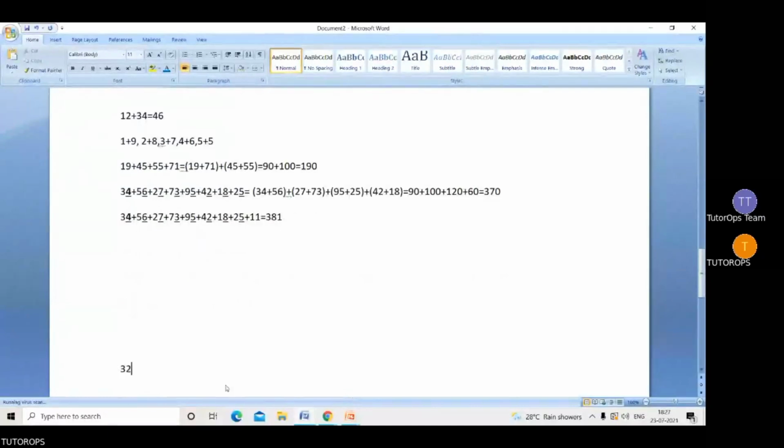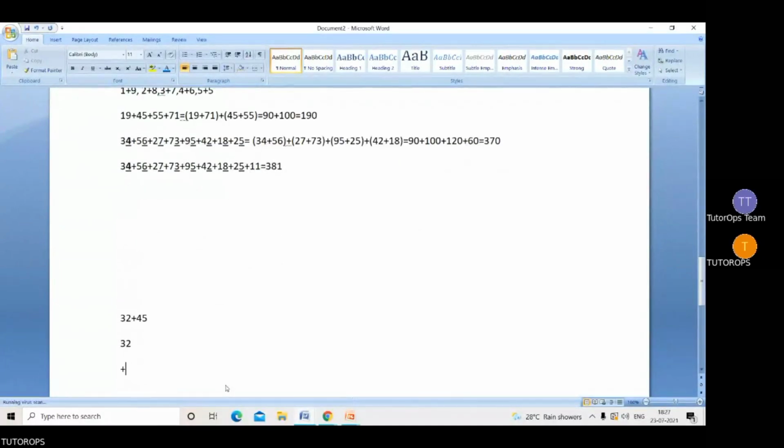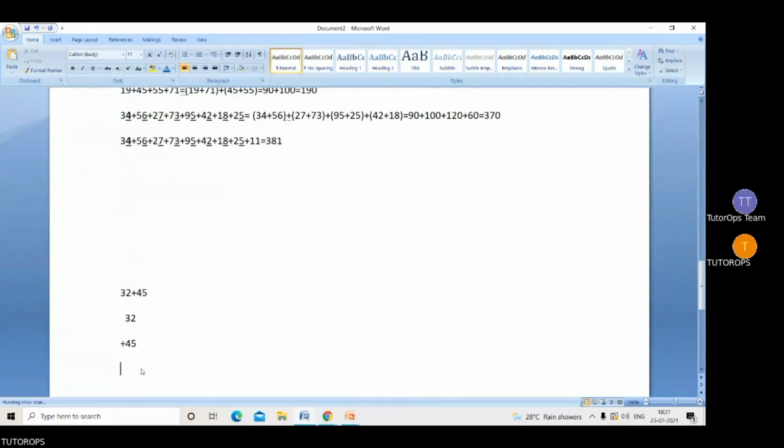In this method, we will first take a simple example of 32 plus 45 and we will write 32 plus 45 in column. That means 32 will be on upper and 45 will be later. And then, what is our usual method?